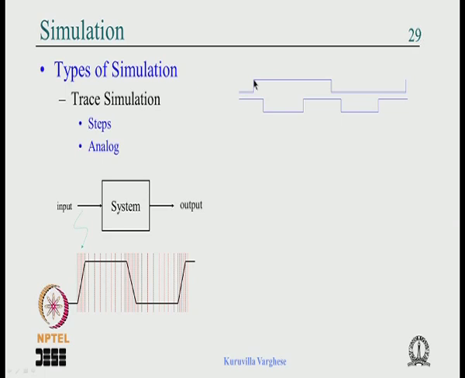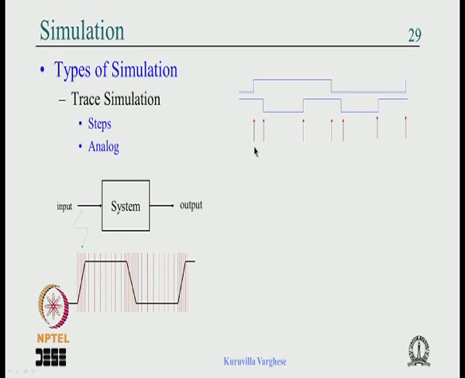So now you compute at this point 1 1. Until any change happens there is no need to compute, because it is going to remain stationary. So as far as digital simulation is concerned, whenever there is a change in the input, at that point the simulator needs to compute.